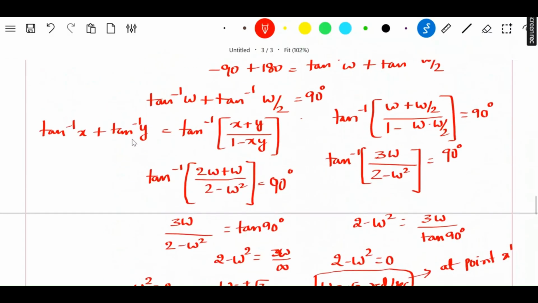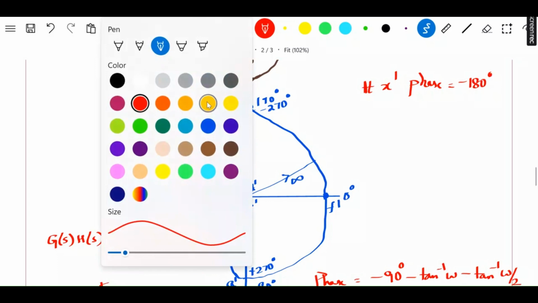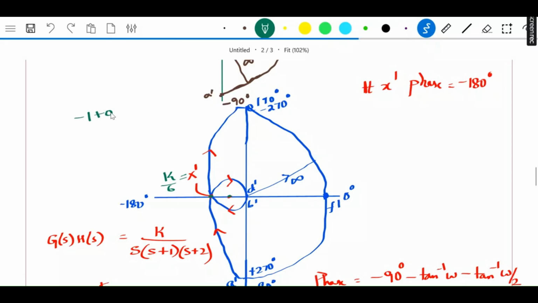So go back to the contour now. So this is the contour. Now this point is actually equal to k by 6. If the value of m should be less than 1, because if I want this minus 1 plus 0j to be within k by 6, then it all depends on the value of k now.